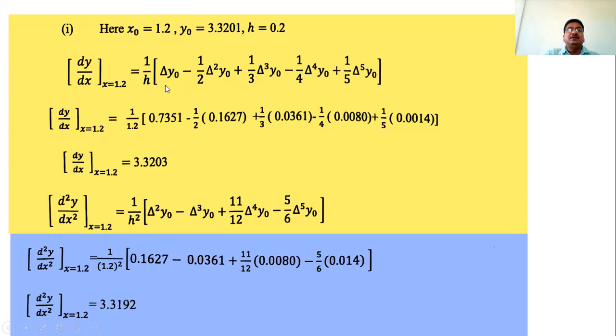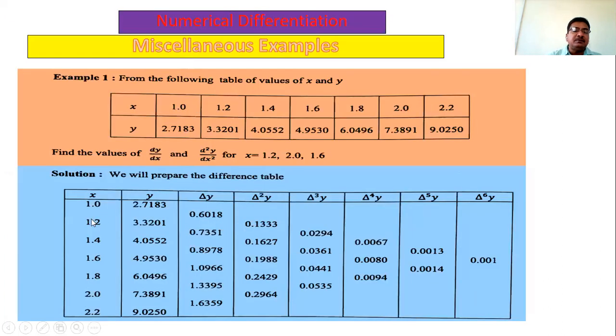We have to find dy by dx at 1.2, so consider 1.2 as the first value, that is, consider this 1.2 as x naught.